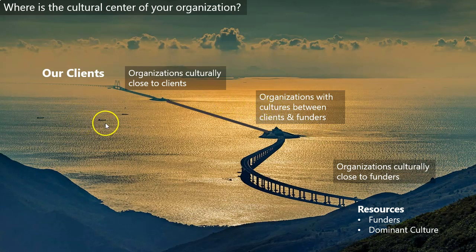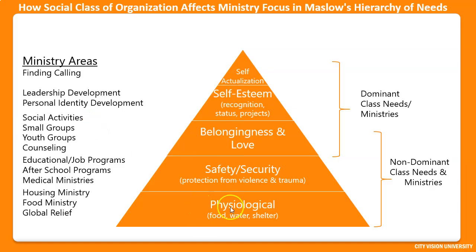Now, another way of looking at this is, what's your primary focus? Many people have heard of Maslow's hierarchy of needs. It was a psychologist, and he said, not that this is entirely true, but on average, people first focus on their physiological needs, so food, water, and shelter. Then they focus on their safety and security needs, so that's protection from violence and trauma.